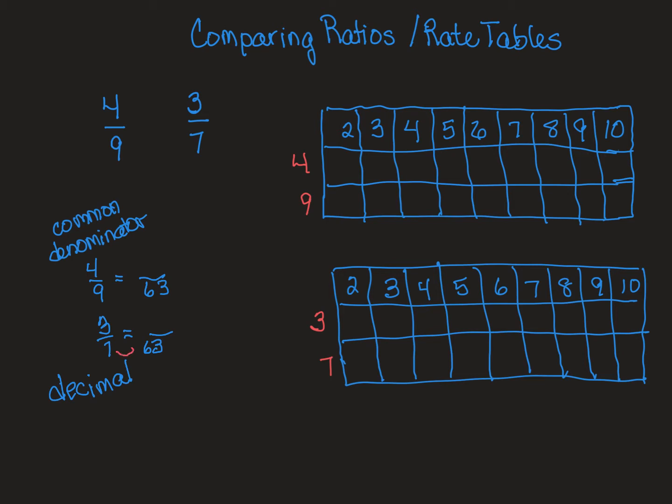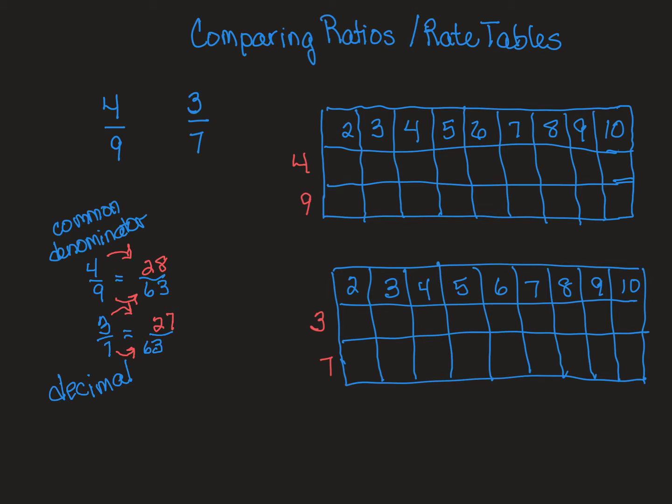This would be times 9, this would be times 9, this would be 27. This would be times 7, this would be times 7, 28. And look how close they are. But I can tell, because they have the same denominator, that 4/9 is greater than 3/7.